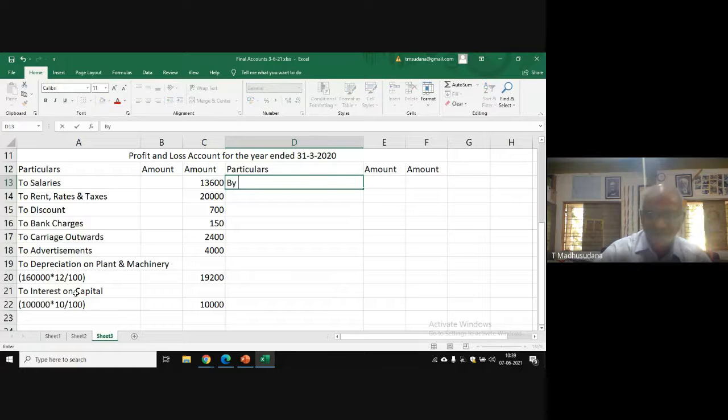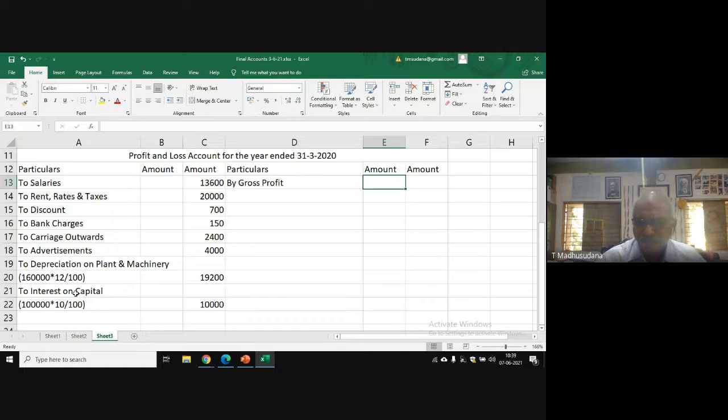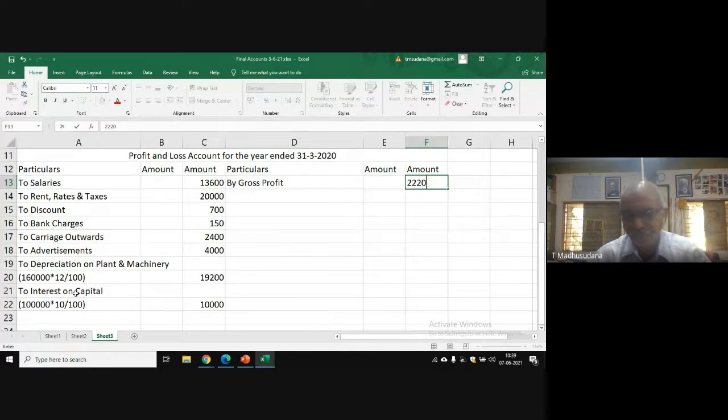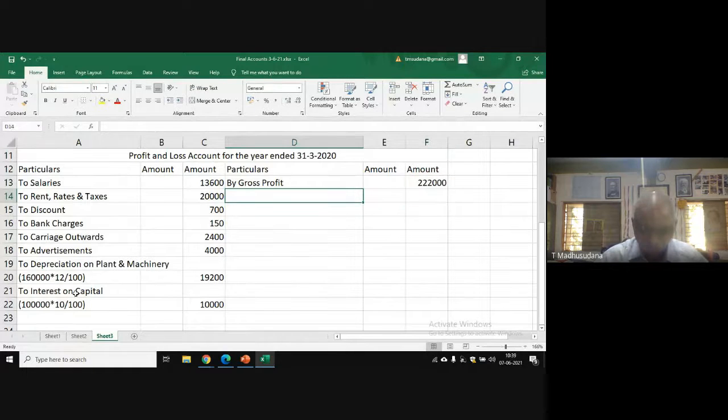By gross profit, whatever we have calculated in the trading account is to be transferred here, that is 2,22,000. Next, there is a discount in the credit column of the trial balance. So, by discount.